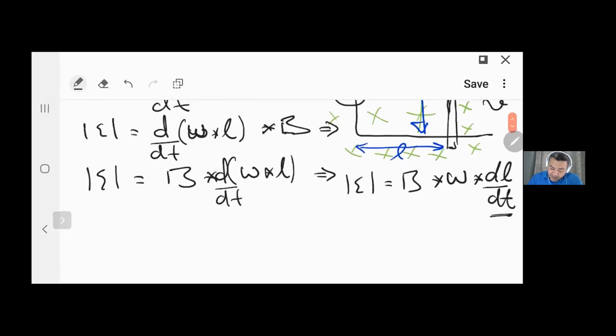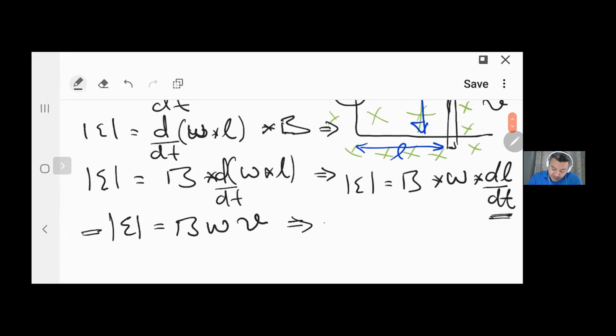Now dL over dt is my speed v, then it equals B W v.